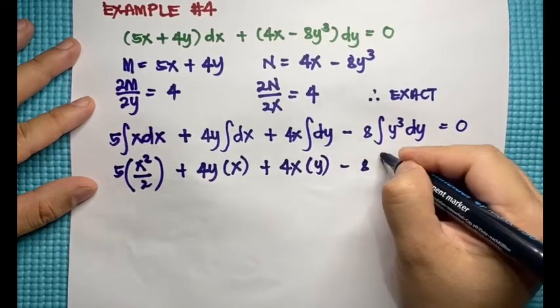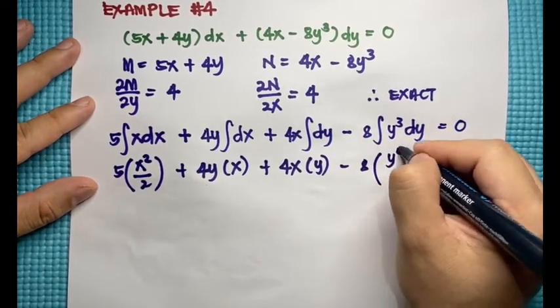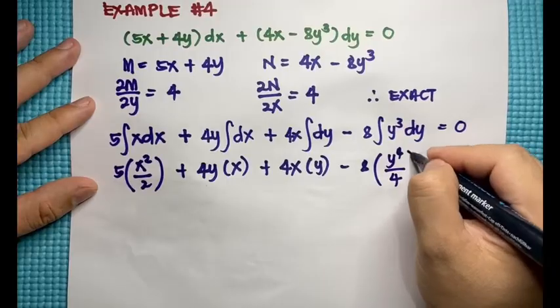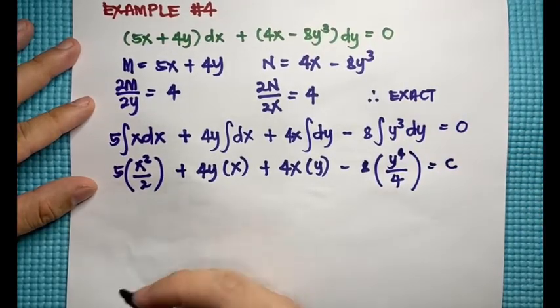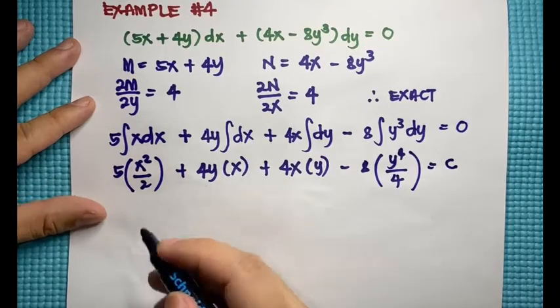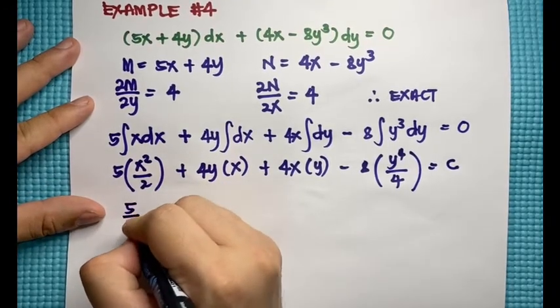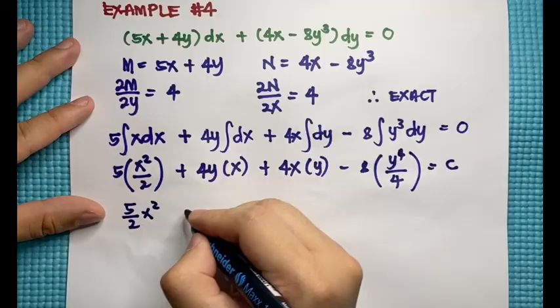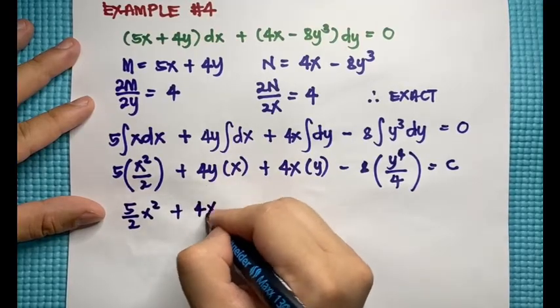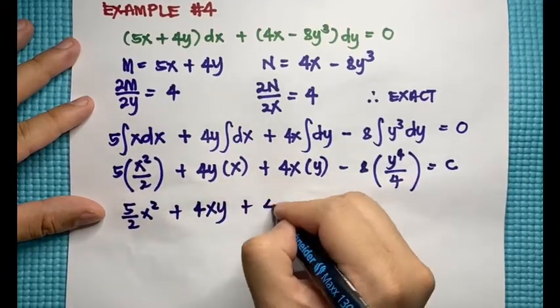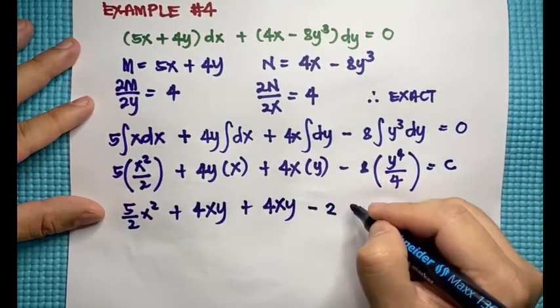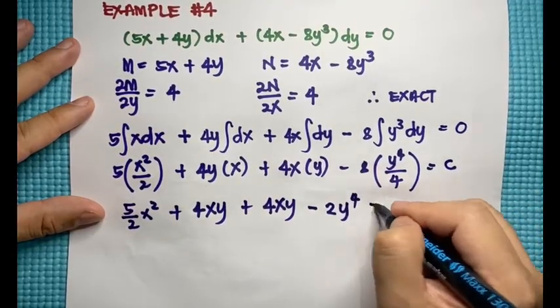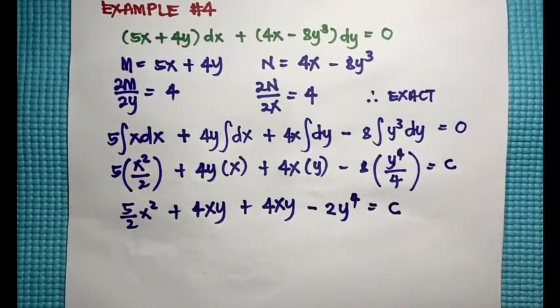And minus 8, the integral of y cubed is y to the 4th all over 4, and that is equal to c. So simplifying, that would give us 5 over 2 x squared plus 4xy plus 4xy minus 2y to the 4th is equal to c.